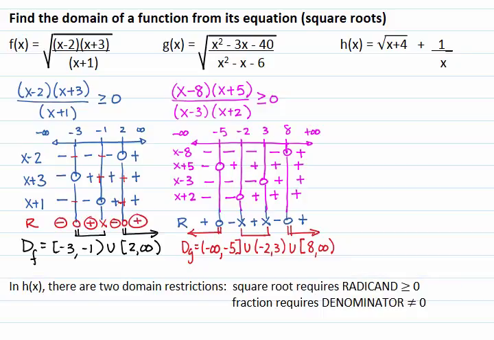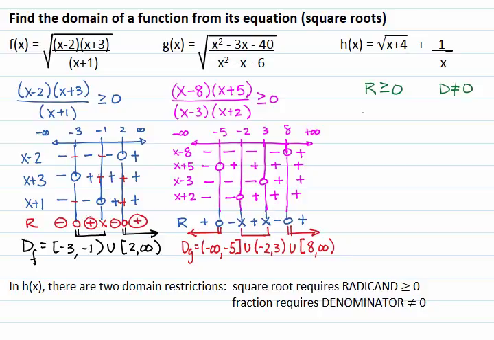To find the domain of h of x, we need to have two domain restrictions. One is that the radicand is going to be greater than or equal to 0. The other is that the denominator is going to be not equal to 0.